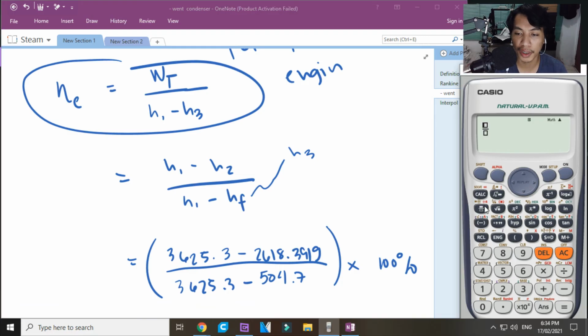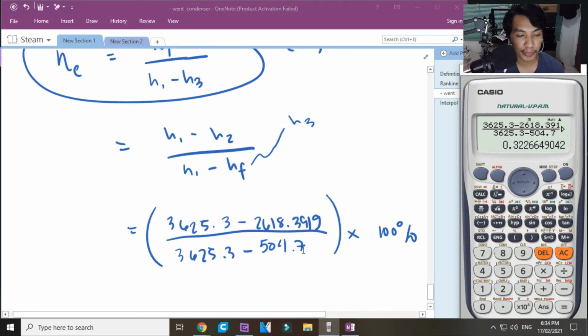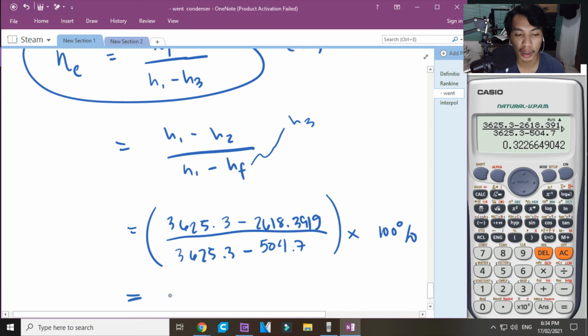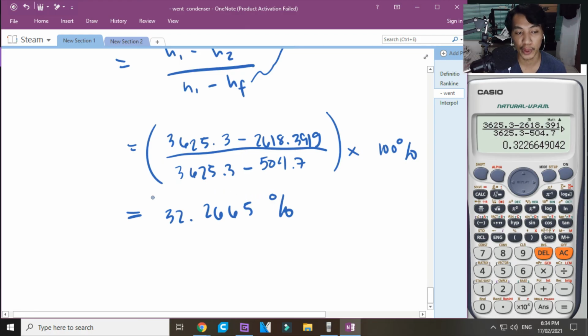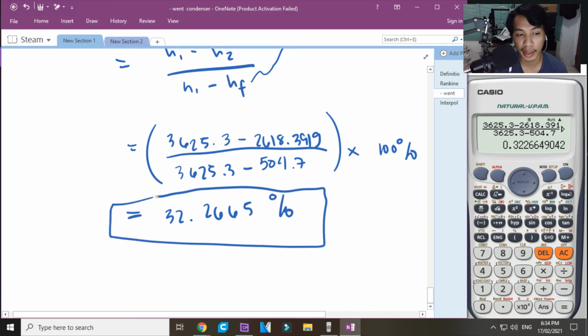For Rankine engine, efficiency of the engine: 3625.3 minus 2618.3919 divided by 3625.3 minus 504.7. The answer is 0.32 times 100, 32.2665%. And that is how you solve for the entire Rankine cycle.